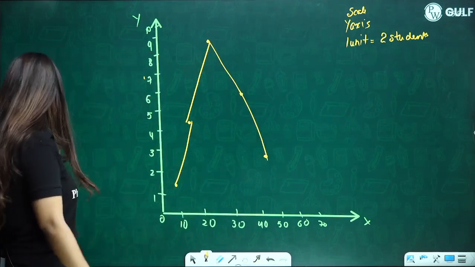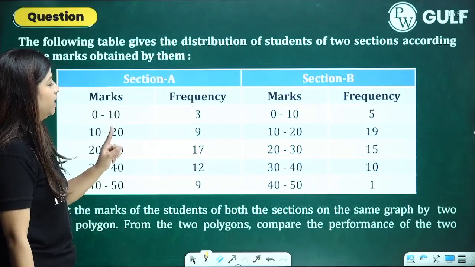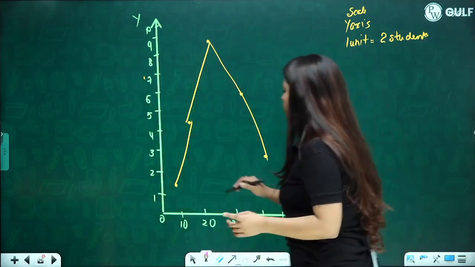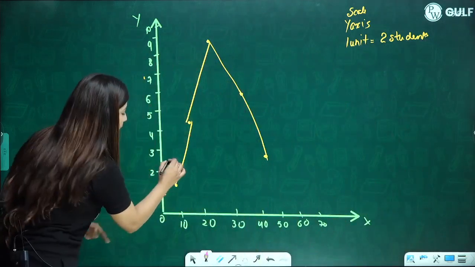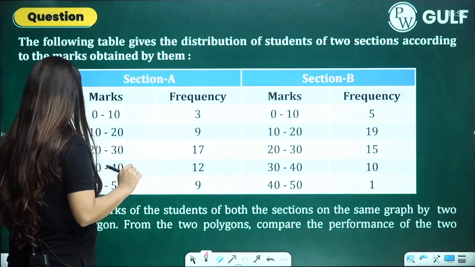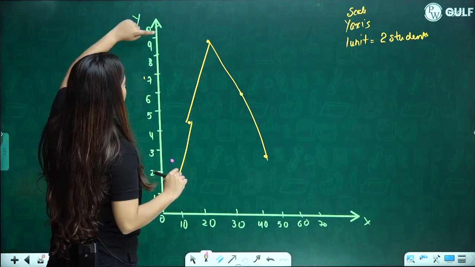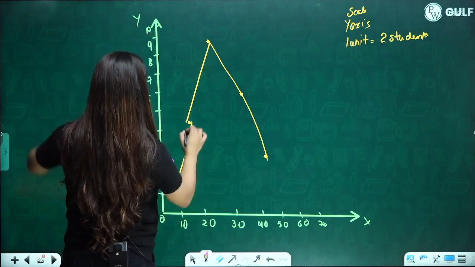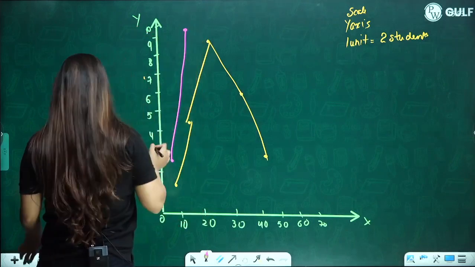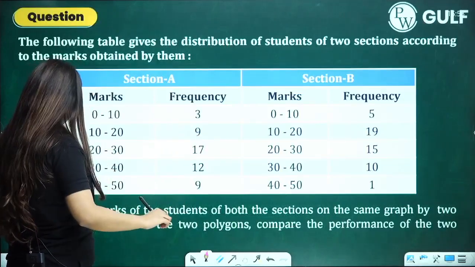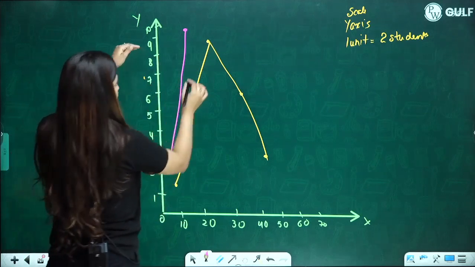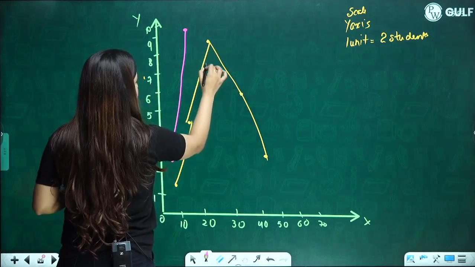So these are the 5. Now the next is 5, 19, 15. Where will 5 lie, students? From 0 to 10 it's 5, so 5 will lie in between over here. After 5 we have 19. 19 will lie somewhere between 9 and 10, that means over here. Then after 19 we have 15, 10 and 1. 15 will lie in between your 7 and 8, over here.